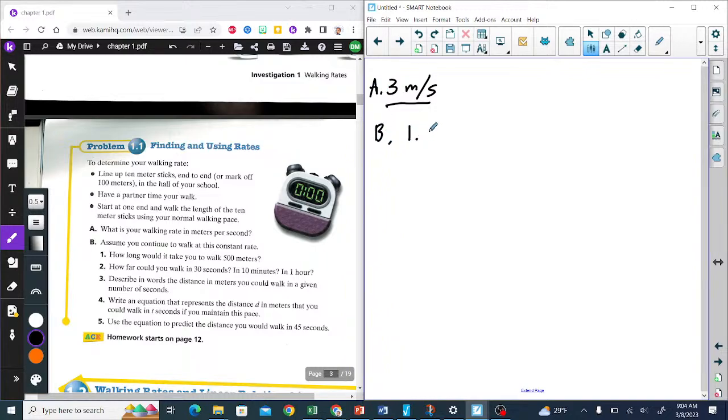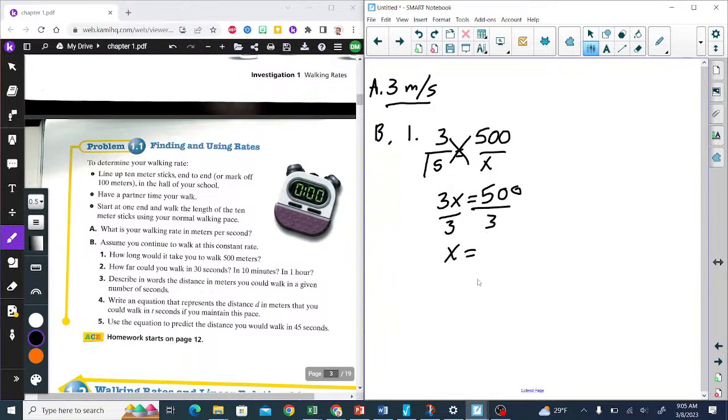First one is how long would it take you to walk 500 meters? So if we know 3 meters per second, 500 meters over x seconds, we can cross multiply, and that would be 3x equals 500. We divide both sides by 3, and x equals, oh, I wish I had a calculator.